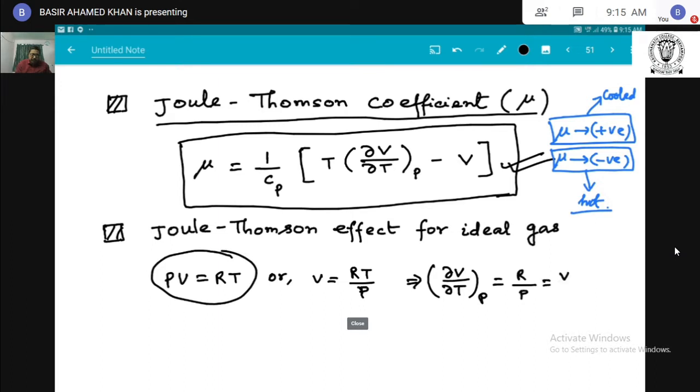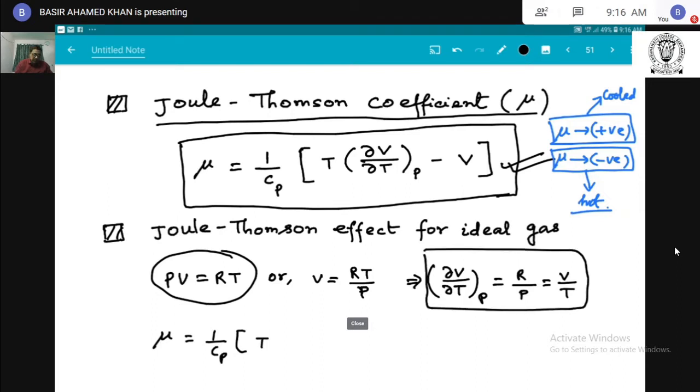If I put this value here, then I get mu equals 1 by Cp times T into del V del T at constant P minus V. That means this value equals V by T minus V. So it becomes 1 by Cp times V minus V, which equals 0.